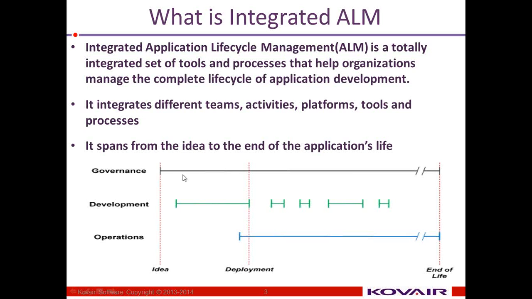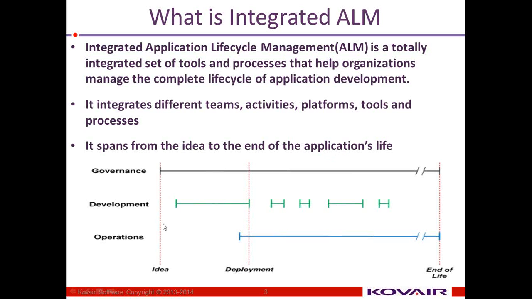And ALM as such, it is a little bit different from what we commonly refer to as SDLC. I'll be explaining that here. So as I said, it spans from the idea to the end of the application's life. And within this application's life, the SDLC, or actual development of the software, that cycle can repeat.